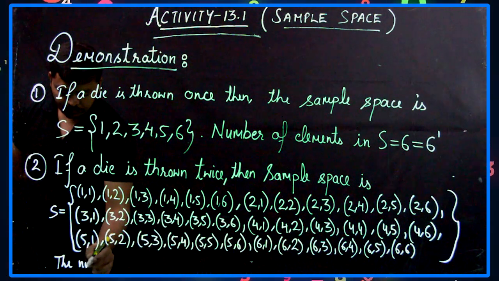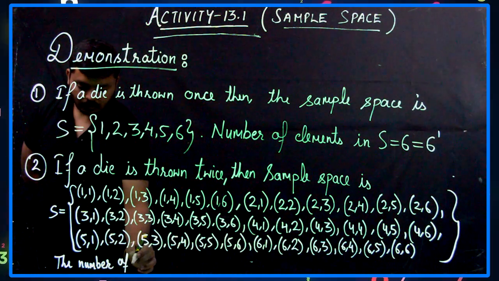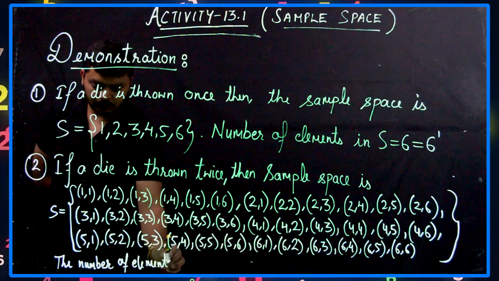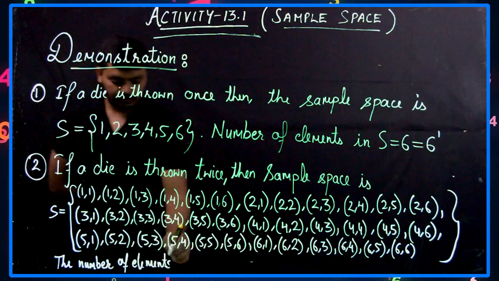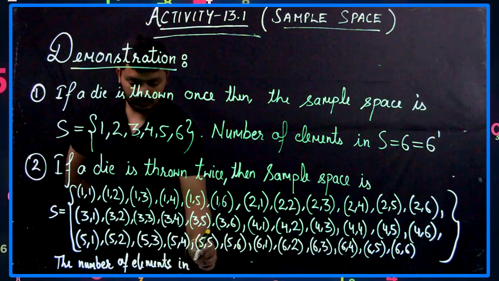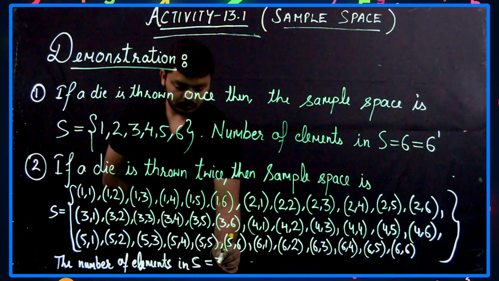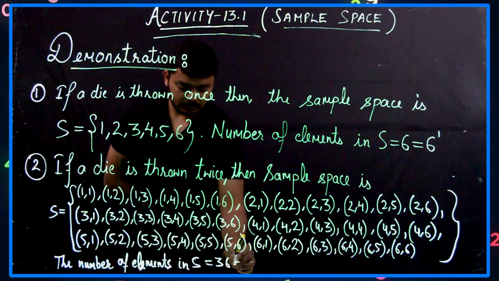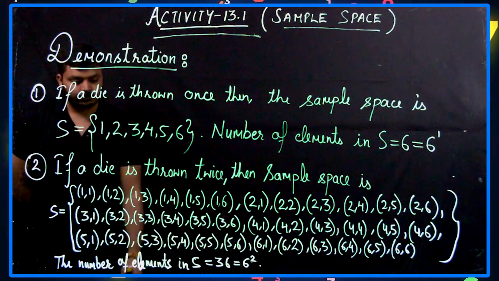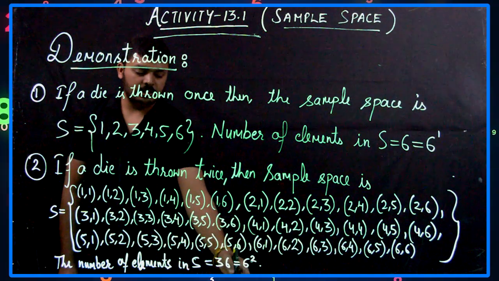So the number of elements in S equals 36, which equals 6 to the power 2. That is, 2 represents the number of times a die has been thrown. So 6 to the power 2.